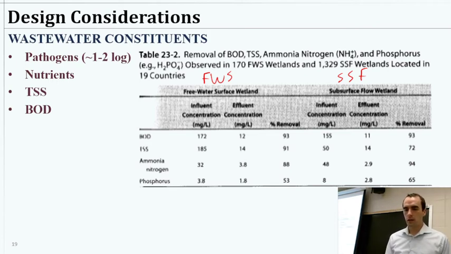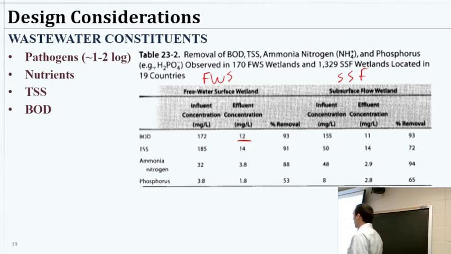So just taking a quick look at a few of these, here's a free water system with 172 milligrams BOD per liter, and after treatment from a free water surface wetland, it became 12 milligrams per liter. So talking about BOD, if you're above 8 or 9, you're still at a point where you could potentially cause an oxygen deficit that's meaningful, right?